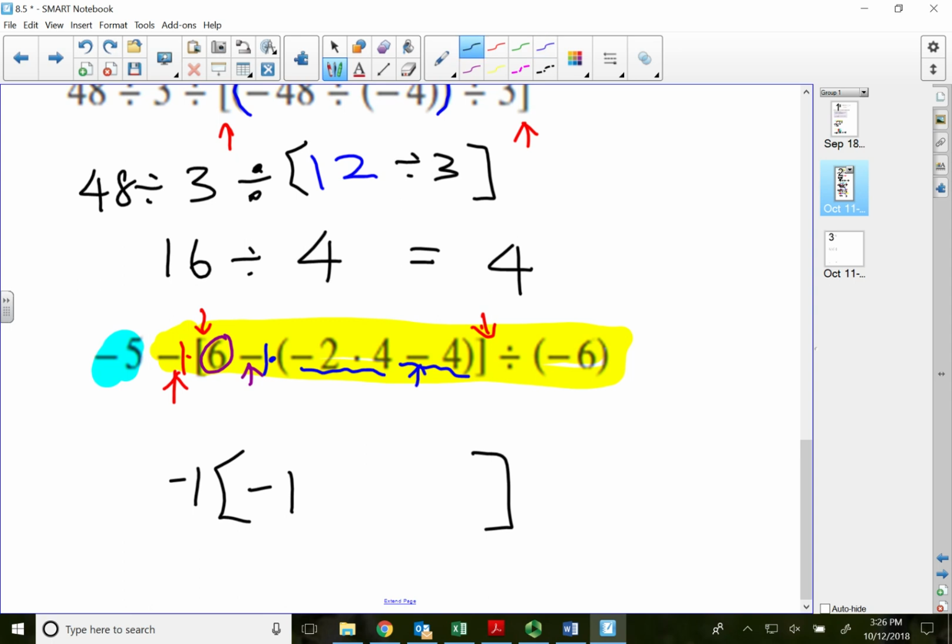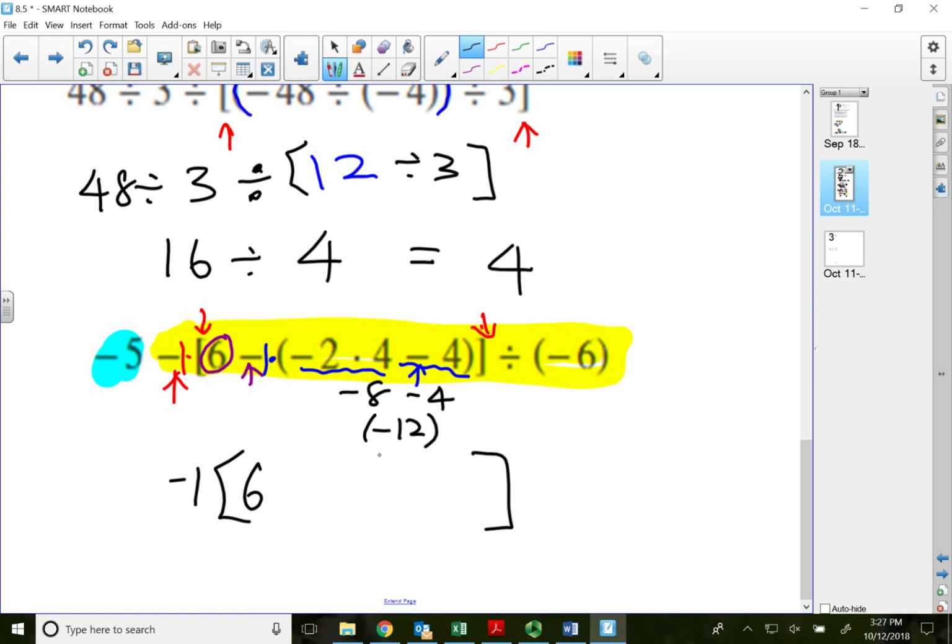Okay? All right, I did not mean to write this -1. I don't know why I did that. My first term is a positive 6 inside the bracket. Sorry about that. All right, so inside the parenthesis, first term, -2 times 4 is -8. -8 minus 4, terms with the same sign we add, so that will give you -12.